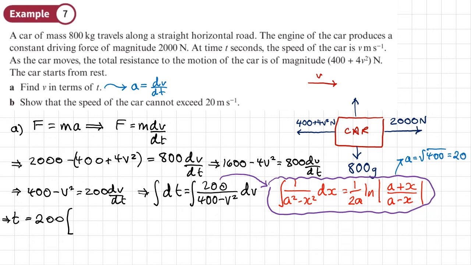Okay, so a is equal to 20, and obviously where I've got x, I need to make sure that I put v there instead. So my result is going to give me 1 over, so I'm just doing this part here, 2 times a, 2 times 20, which is 40, natural log, and then it's going to be a plus x, 20 plus v, over 20 minus v.